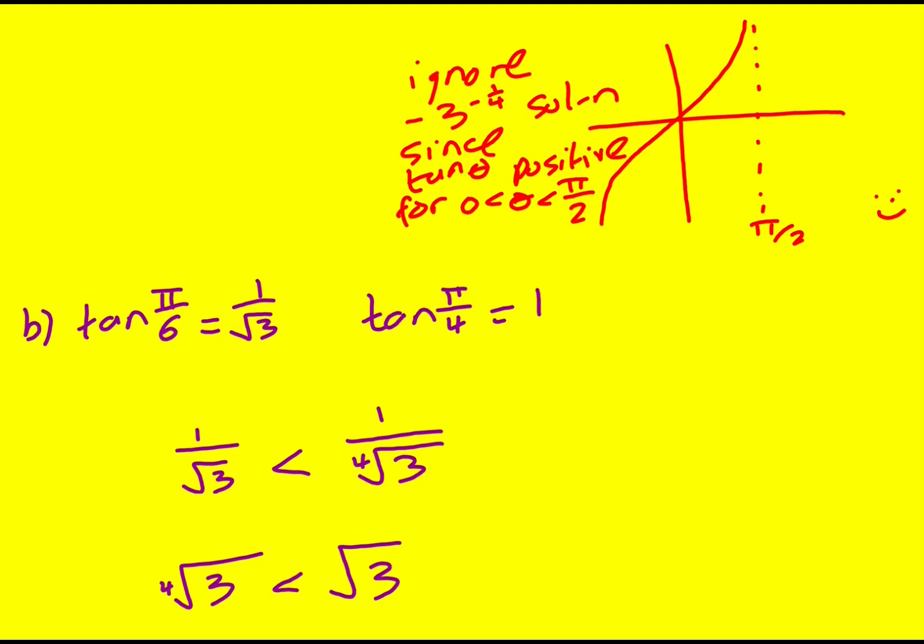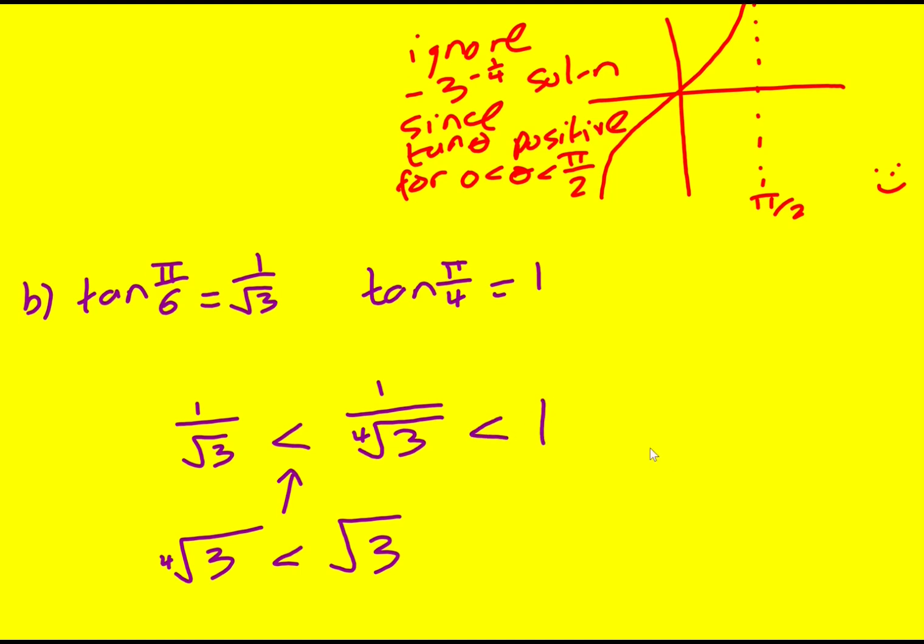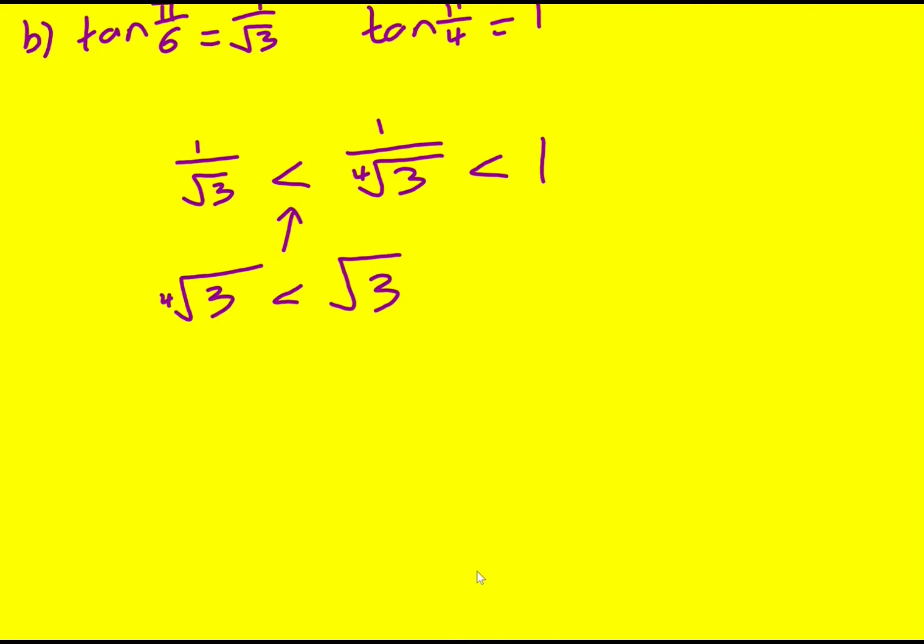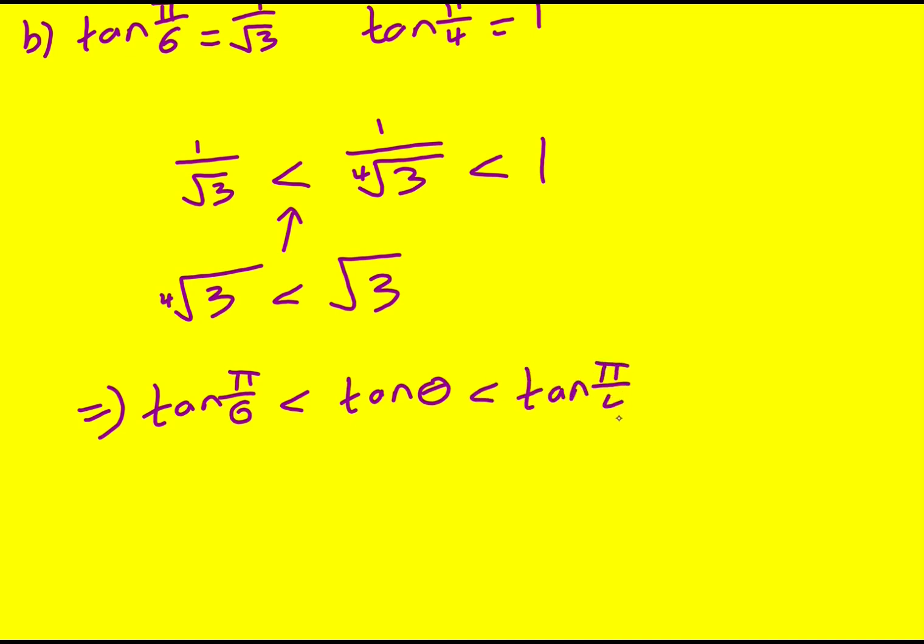So when we do 1 over it, it's going to swap around. And these are both going to be less than 1. And this implies that tan of pi over 6 is going to be less than tan theta, which is less than tan of pi over 4.